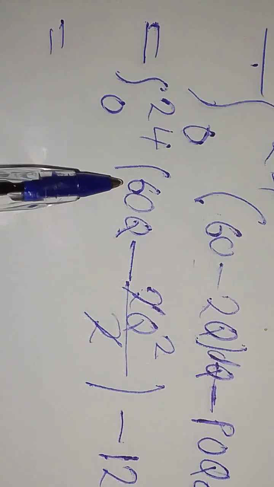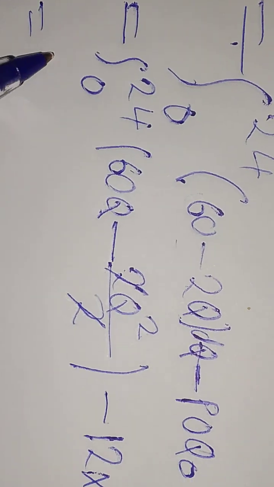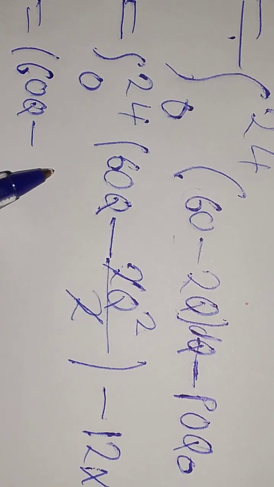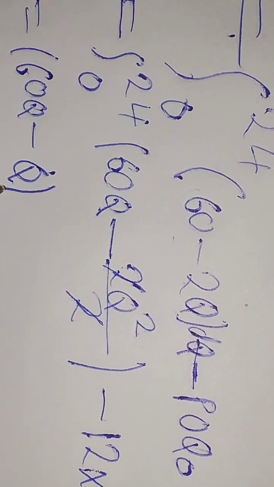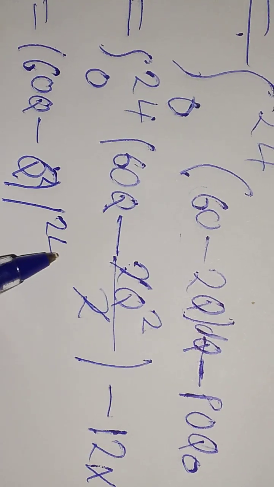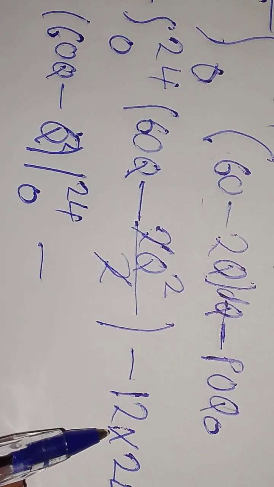What's our P0? Our P0 is 12 times 24. After you integrate, we have 60q minus q squared, with 24 here and 0 here, minus 12 times 24.